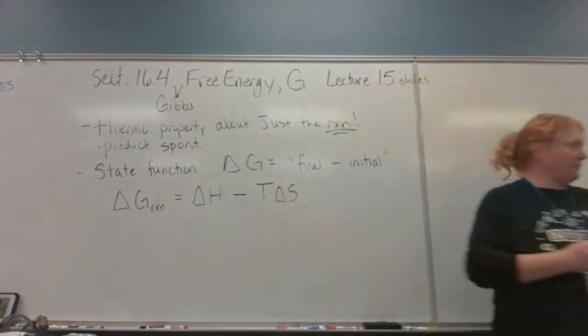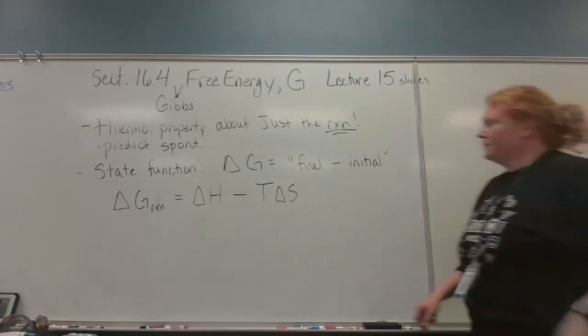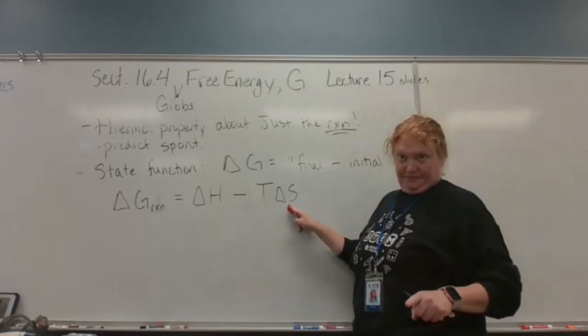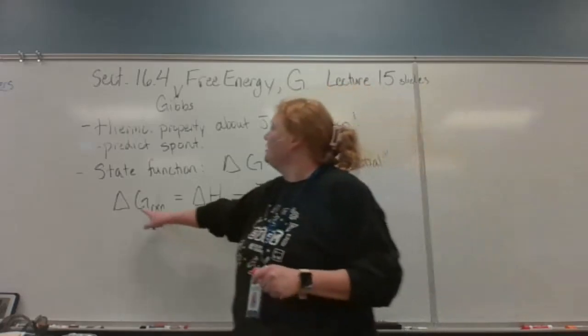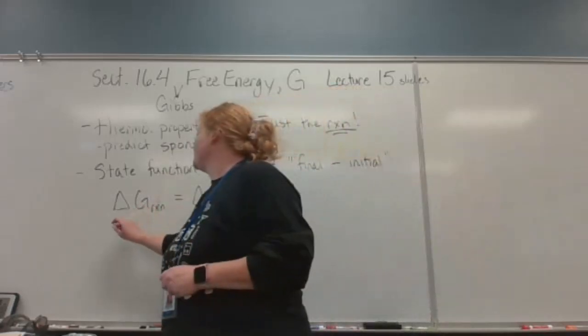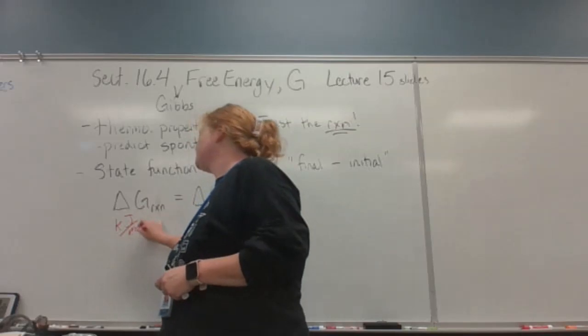What do all those symbols mean? Entropy. Free energy, which is the new thing we just are learning about today. What are the units of free energy going to be? They're going to be kilojoules per mole.